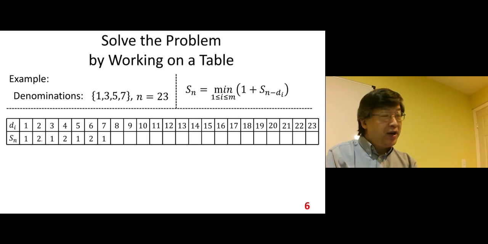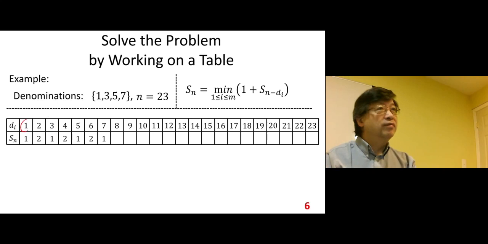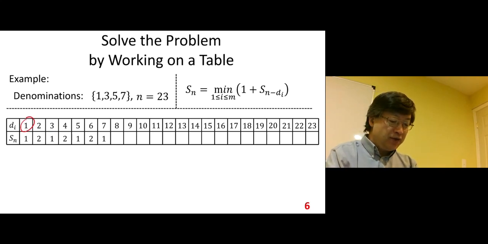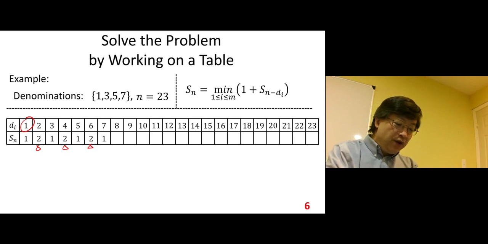Look at 2. For 2, definitely you cannot consider coin 3, the coin with face value 3. So you can only use face value 1 coins, so you need 2. For 4, you can use 1 plus 3, so you need 2. For 6, 1 plus 5, you need 2.